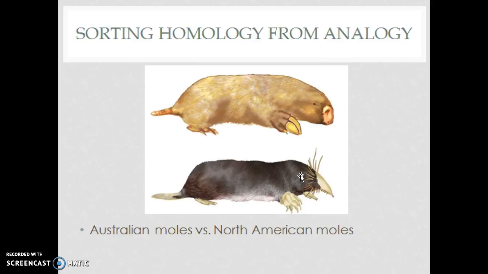In order to be homologous, they would have had to get all those traits from the common ancestor. But instead, these are features that arose independently, but they are the same. Because they are arising independently and they are the same, they are called homoplasies.